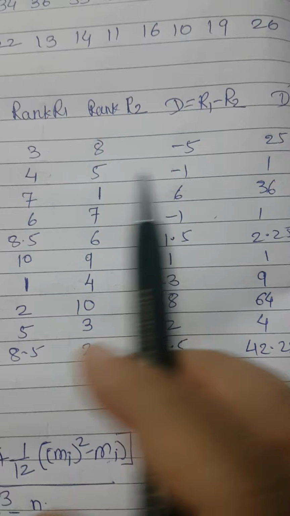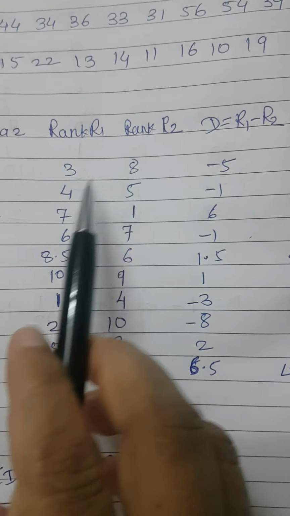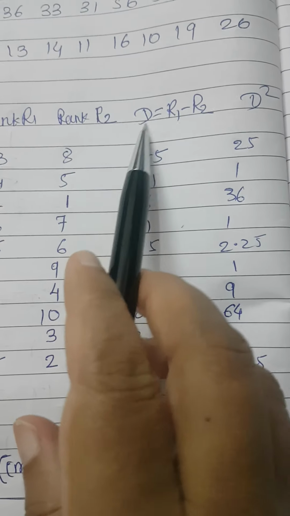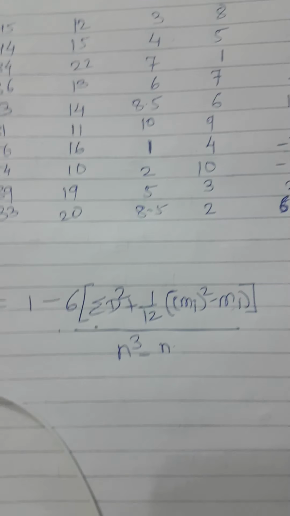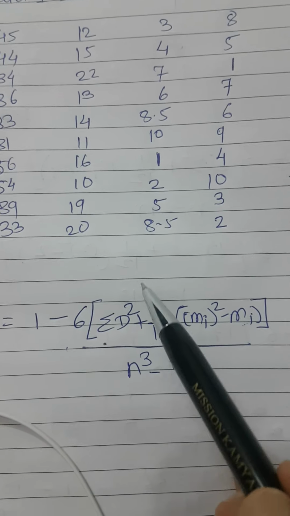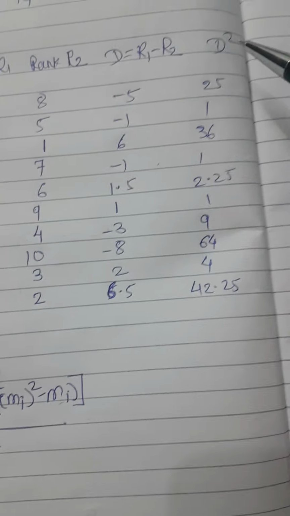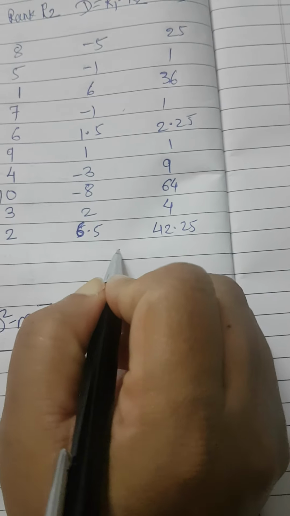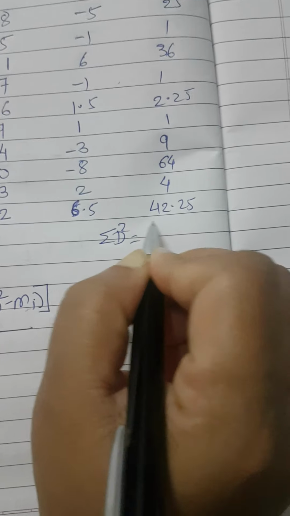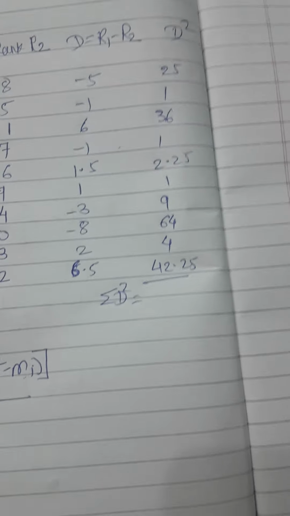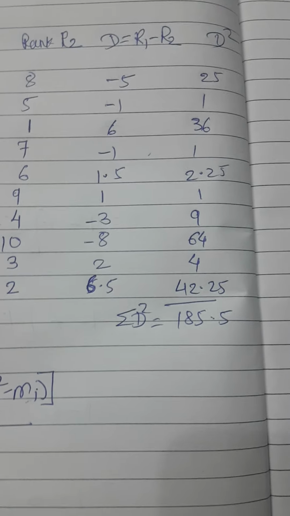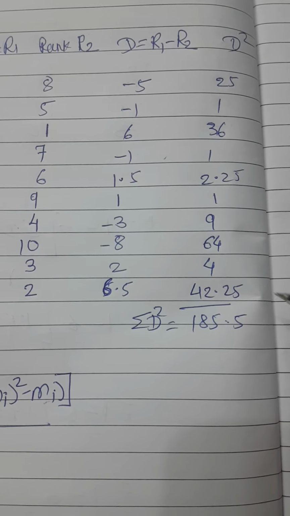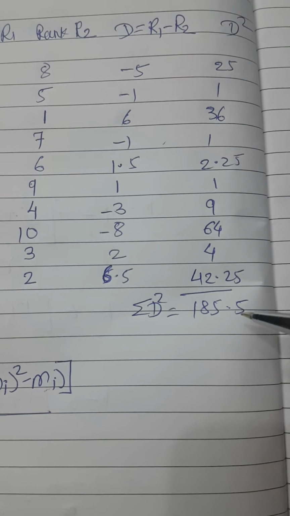I have simply subtracted R1 minus R2 to get D and then squared it. But as you see in the formula, we need the summation of D square. So we add up all these values and we get sigma D square. Here the summation of D square comes to 185.5.